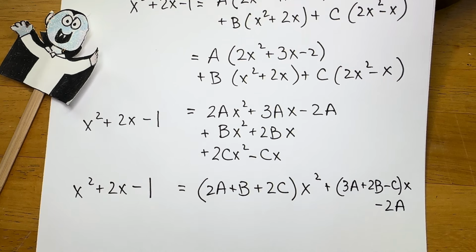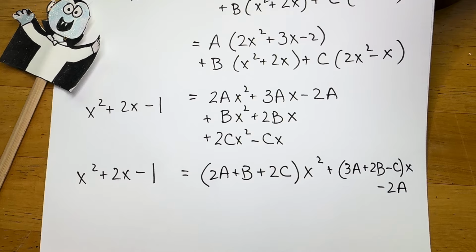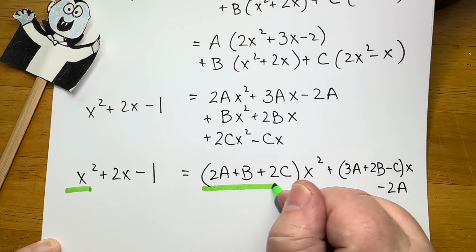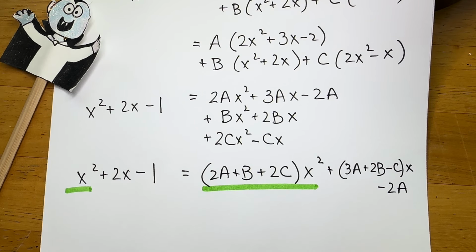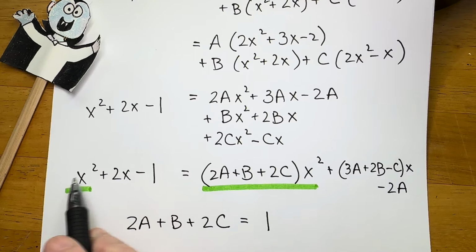So can you see what I'm about to do? I'm about to compare the left side and the right side by saying, wait a minute, this is just x squared. This all goes together. So I need 2a plus b plus 2c to equal 1 because there's just one x squared.